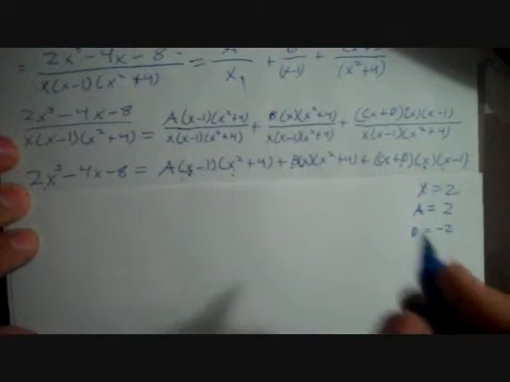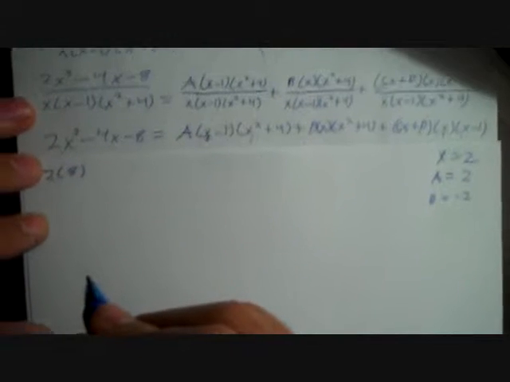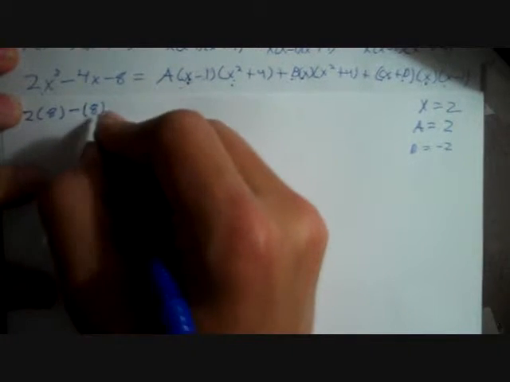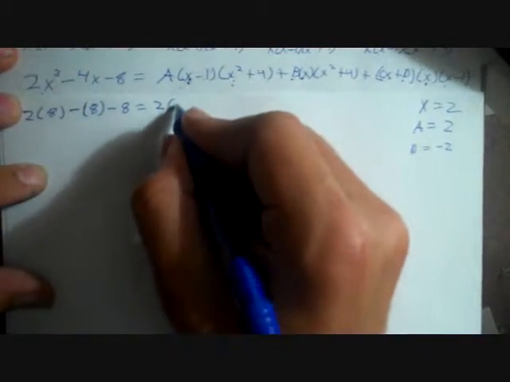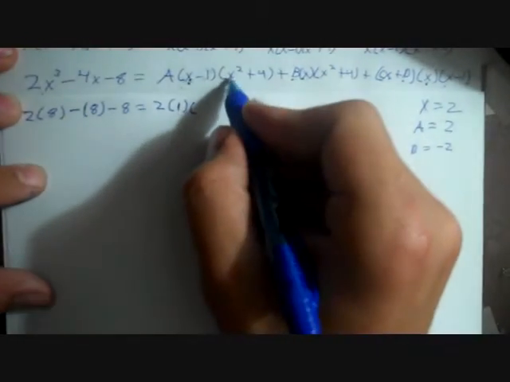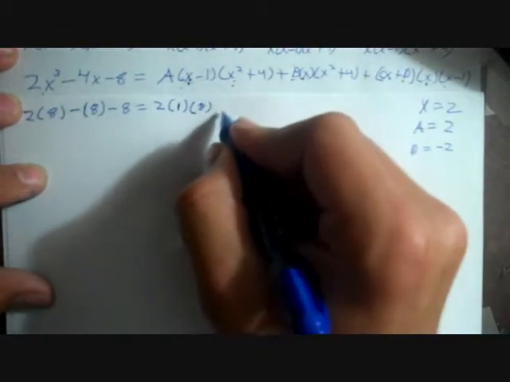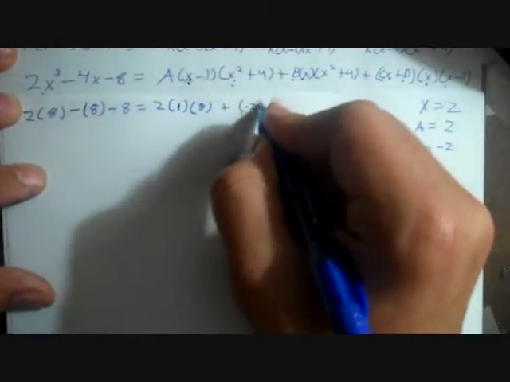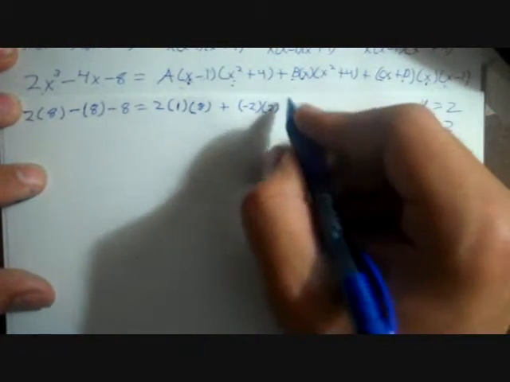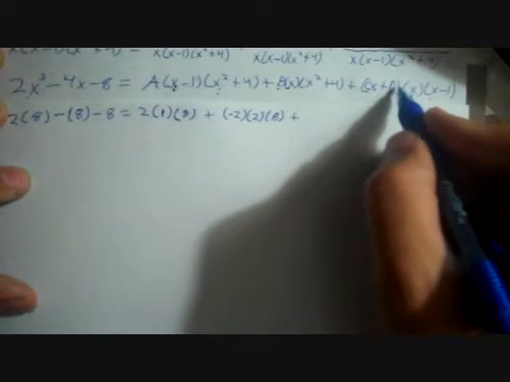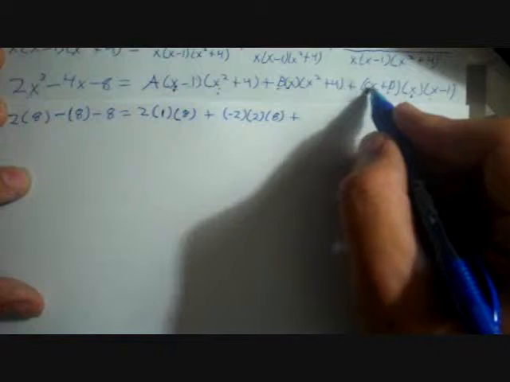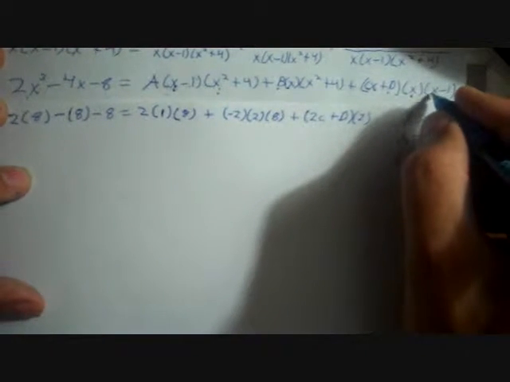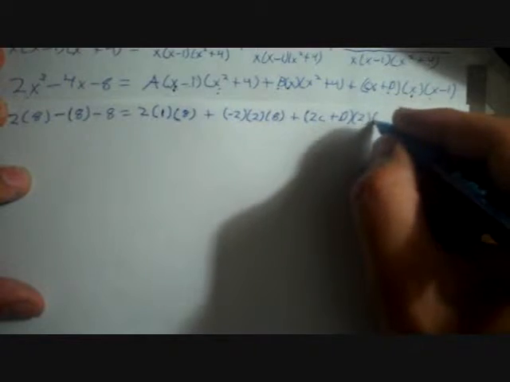So 2x cubed, that'd be 2 times 8, minus 4 times 2, which would be 8, minus 8 equals a, which is 2, times 2 minus 1, which is 1, times 2 squared, which is 4 plus 4, which is 8, plus b, which is -2, times x, which is 2, times x squared plus 4, which is 8, plus cx, so c times 2, that's 2c, plus d times 2 times 2 minus 1, which is just 1.